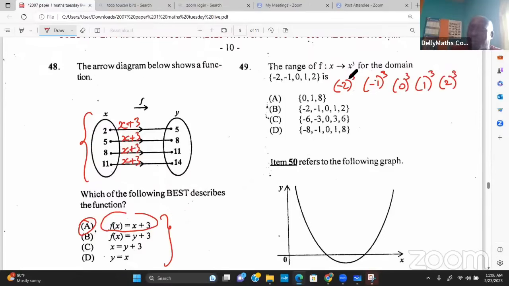This is -8, this is -1, this is 0, this is 1, this is 8. Remember though, -2 to the third means -2 times -2 times -2. Hence, this is how I got the -8. -1 to the third is -1 times -1 times -1, right? And that is how I get -1 at the end. So the answer is D.